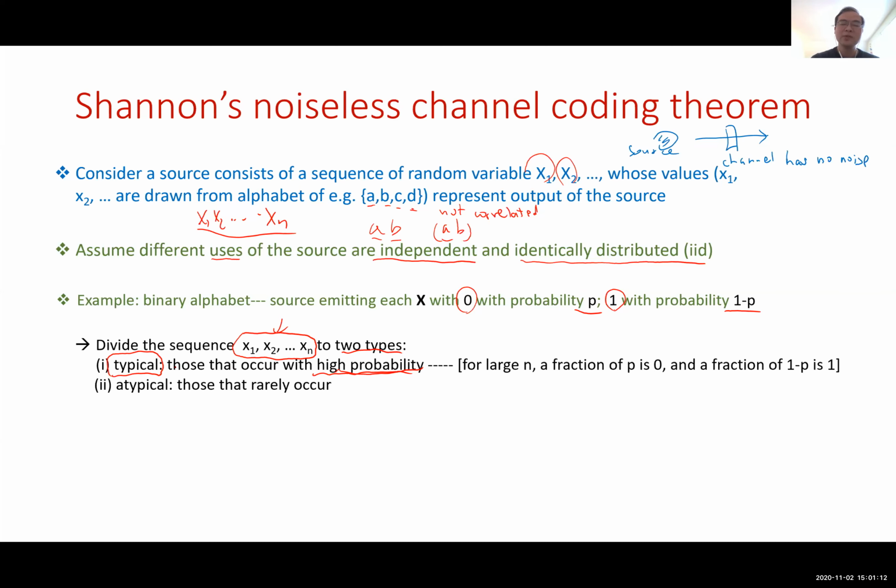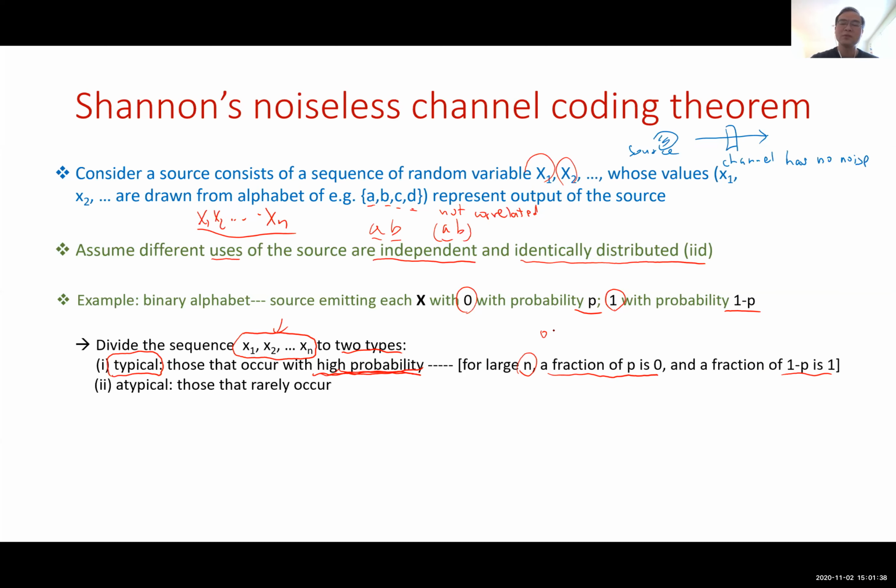But to be more mathematically precise, this means that with high probability, if n is large, if this sequence is long enough, any of these typical sequences would contain roughly a fraction p of 0, and a fraction 1 minus p of 1.